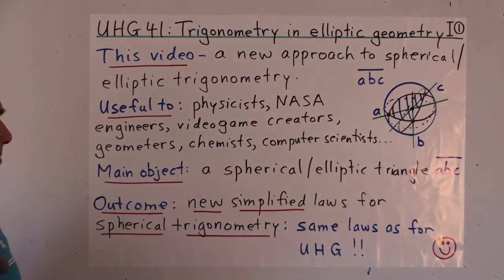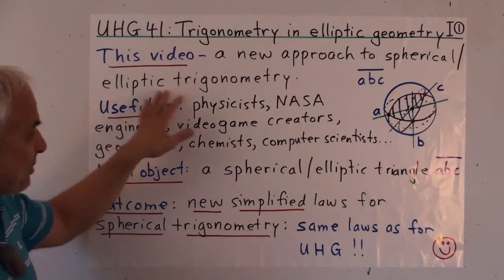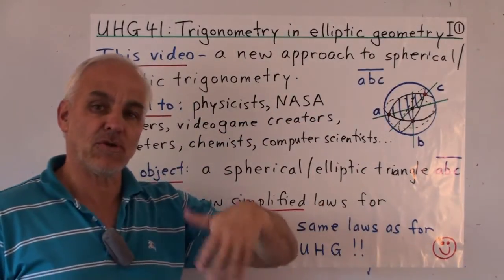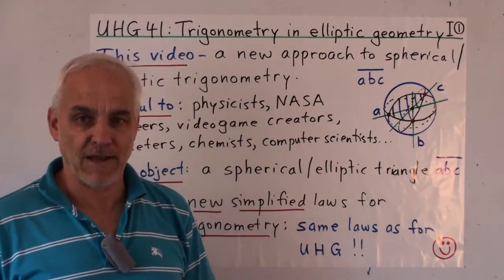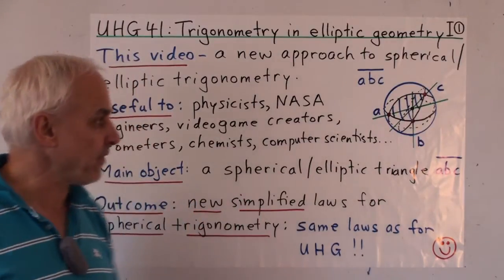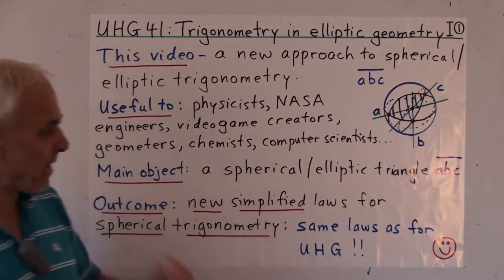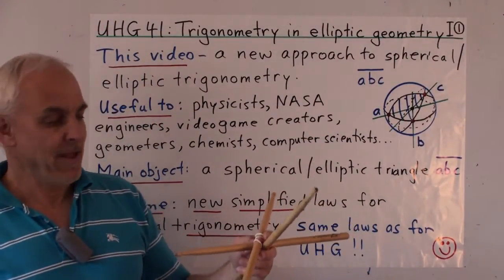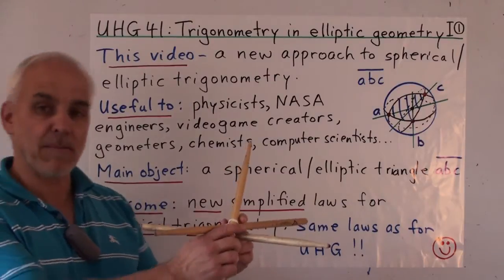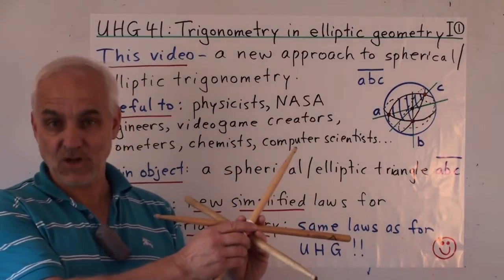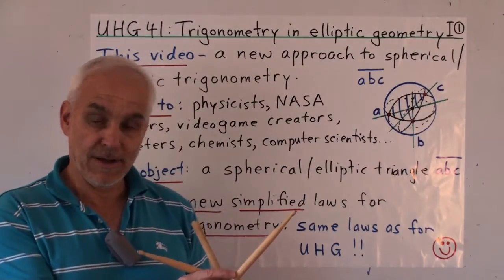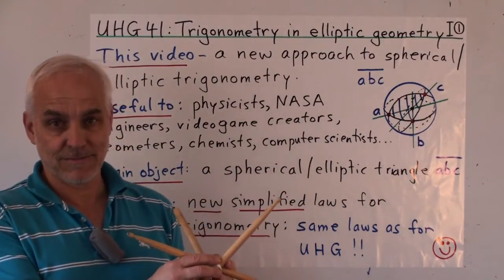So we're going to be looking at elliptic trigonometry, and spherical trigonometry is a sort of a consequence of that, closely related but a little bit different. So the fundamental object is an elliptic triangle, and we're really talking about the context of projective geometry here because we're interested in lines through the origin in three-dimensional space.